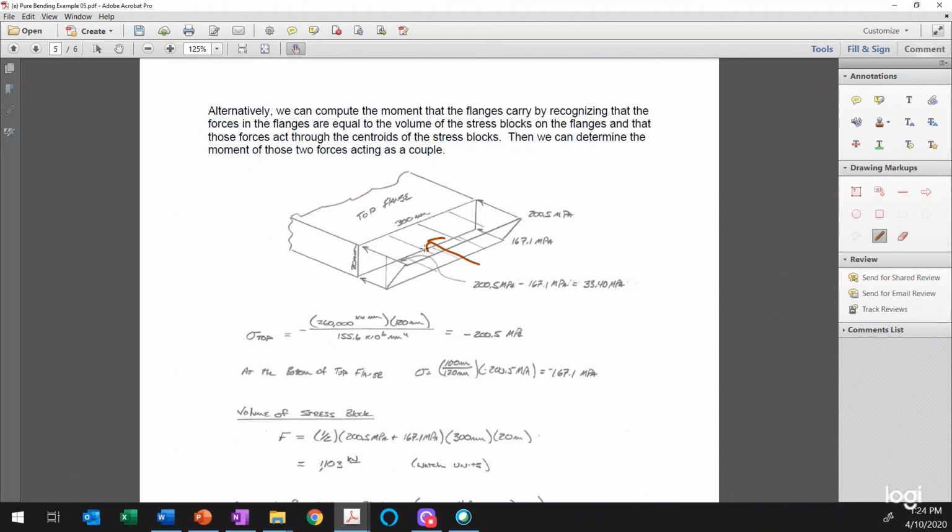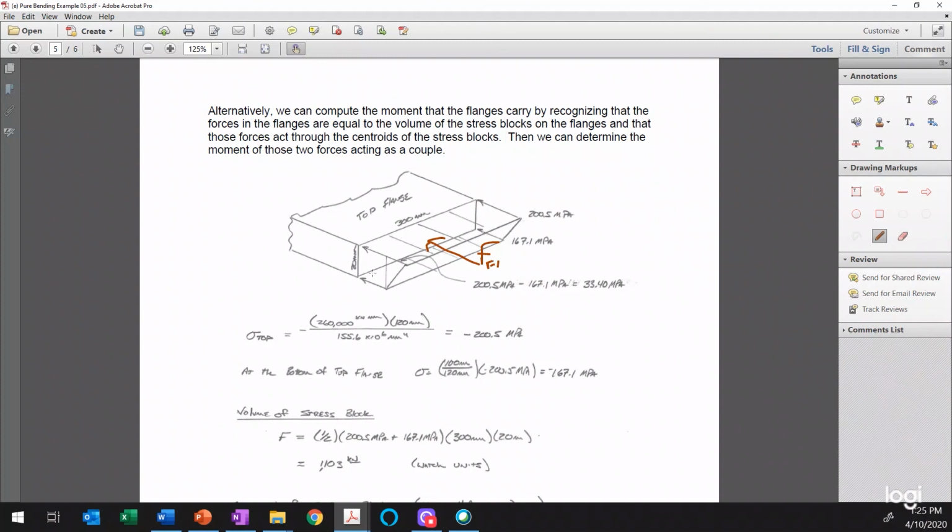There's just one little hiccup, though. You might want to say that concentrated force, we'll call it F sub flange, is equal to the volume of that stress block, but the centroid isn't right at the center. The centroid isn't at, say, 10 inches from the top of the flange.